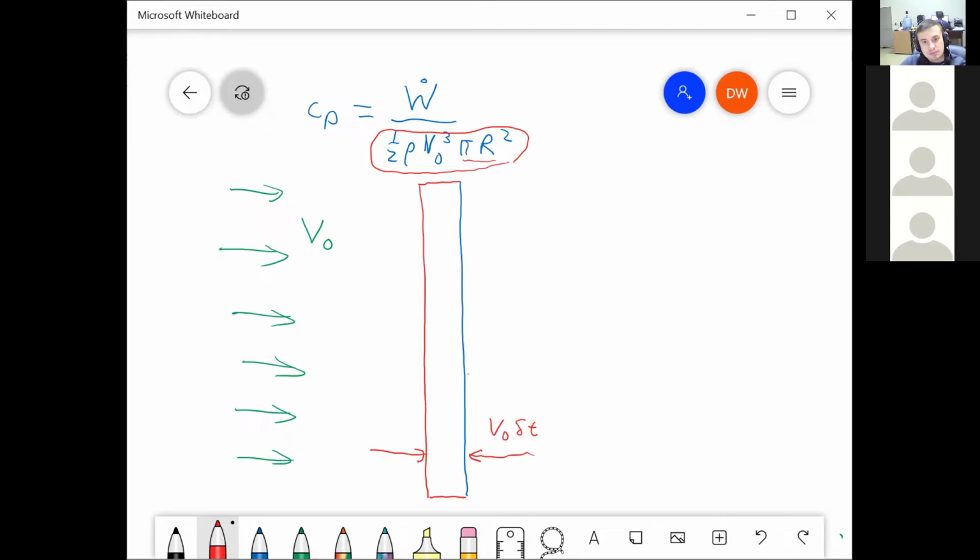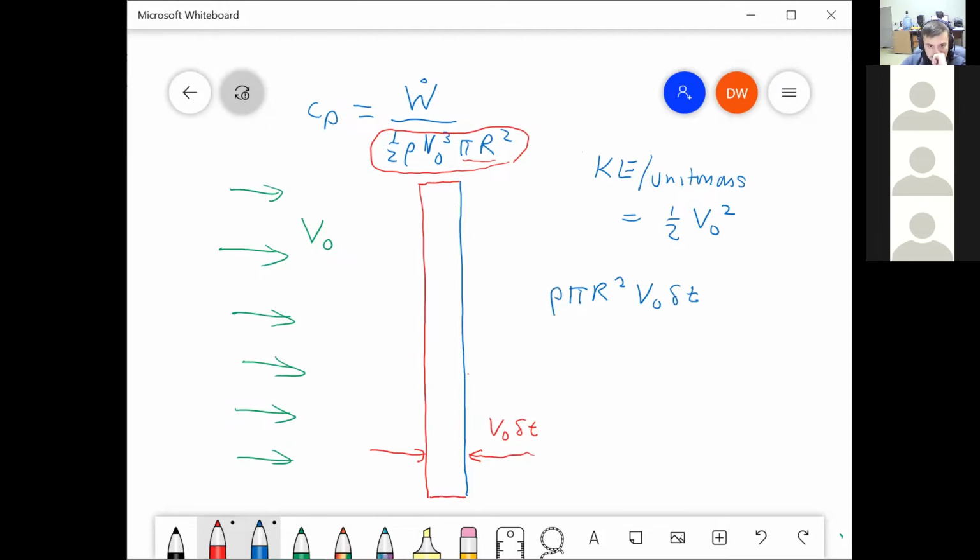And it's going to pass that disc with, let me change to blue for kinetic energy, a kinetic energy per unit mass which will equal a half V0 squared. The total mass in that volume will be the volume, which will be pi r squared V0 delta t. Area times length, obviously.